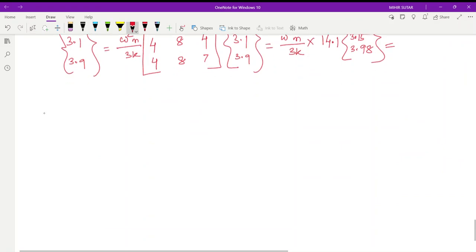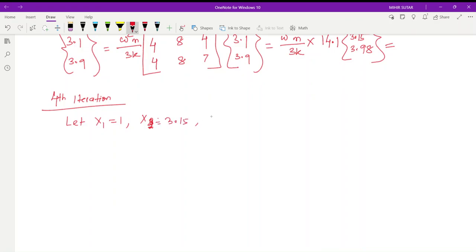So, in the fourth iteration, x1 is 1, x2 is 3.15, x3 will be 3.98.